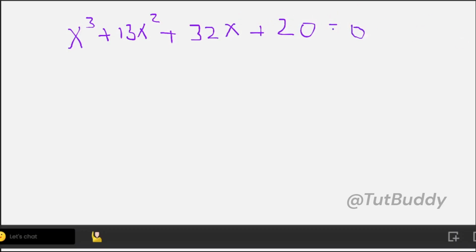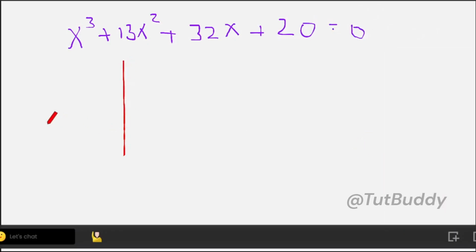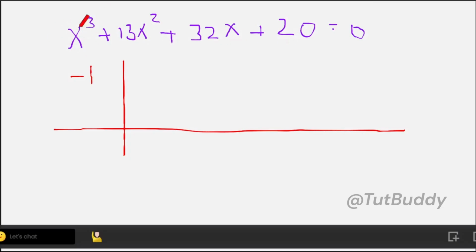Now here, we have our first x value as minus 1, that I'll write here. And I'll write all the coefficients. Your x cube's coefficient is 1, x square's coefficient is 13, x coefficient is 32, and here the constant is 20.